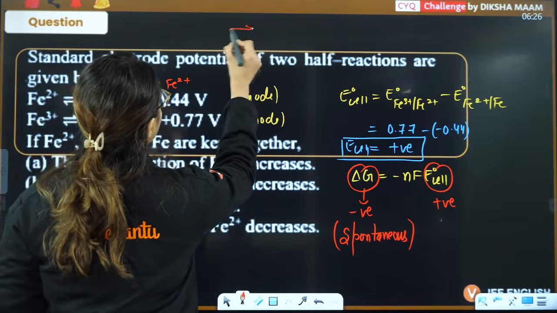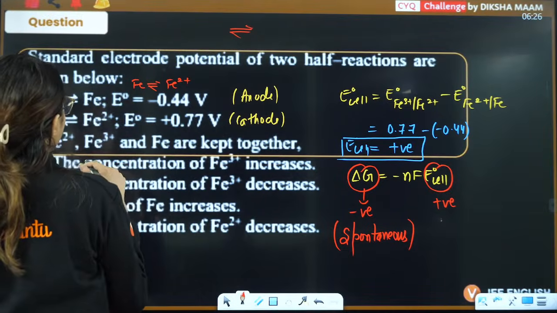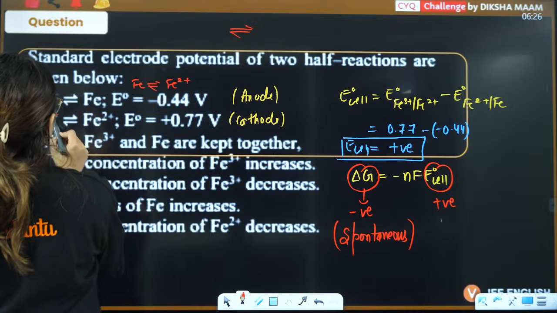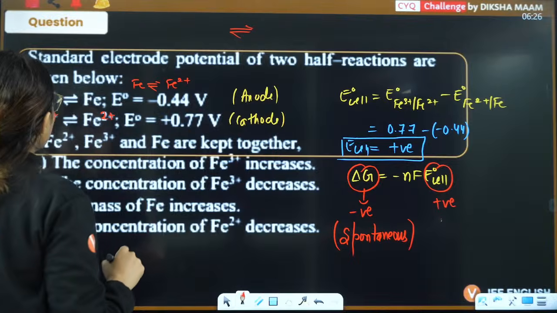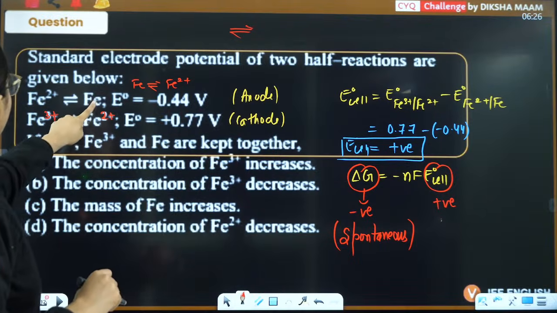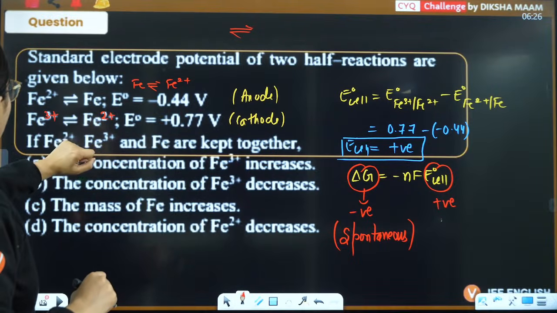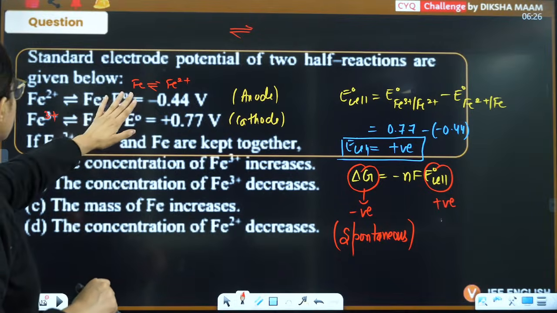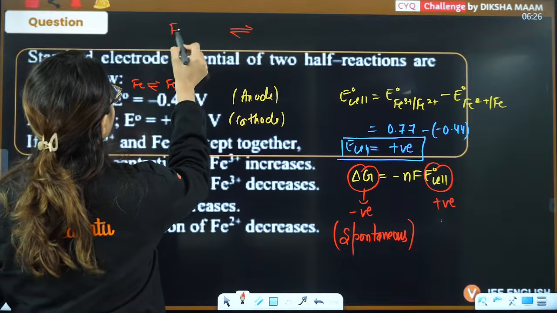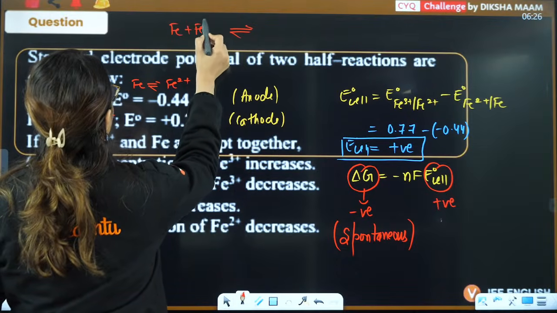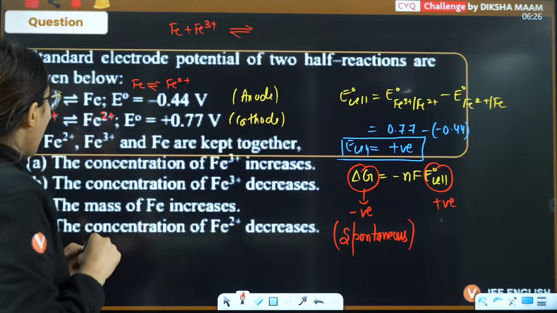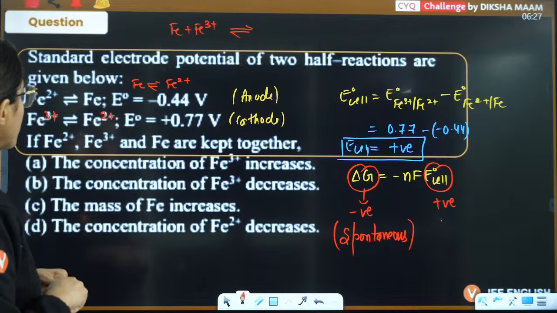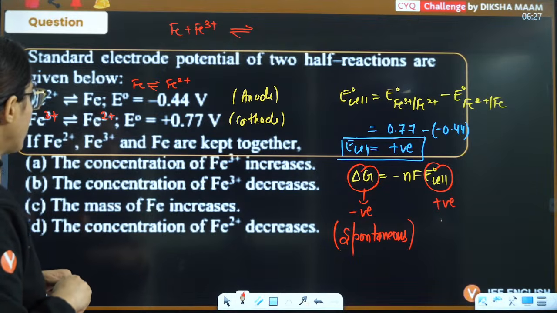So here what will happen, this is Fe3 positive, this is Fe2 positive. Here Fe is getting converted to Fe2 positive, and here if I add all these equations, wait a minute, Fe plus Fe3 positive, right? At cathode there is reduction, no, right? So this is Fe2 positive.